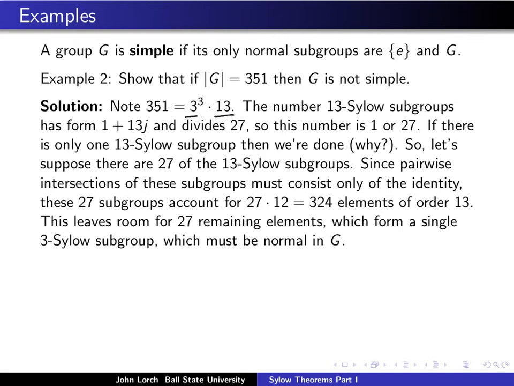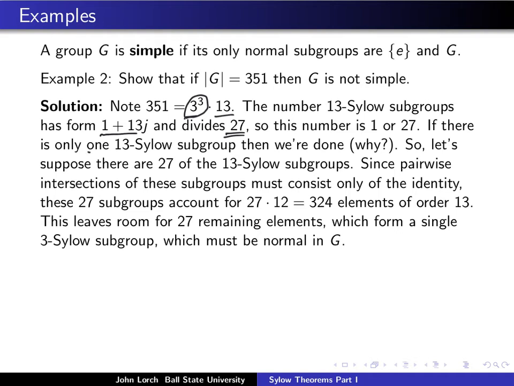If we apply the third Sylow theorem, we will conclude that the number of 13 Sylow subgroups has this form, 1 plus 13 times j, and must divide 3 cubed, otherwise known as 27. So what are the numbers that satisfy those conditions? Well, the only possible numbers that satisfy both of those conditions are 1 and 27.